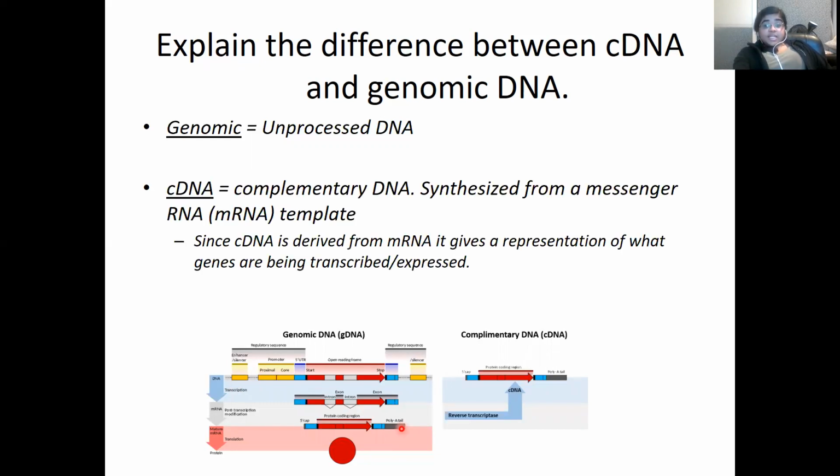Whereas cDNA or complementary DNA is the DNA that is synthesized from the mRNA template. So that cDNA is actually coming out of the reverse transcription of the mRNA that we have.